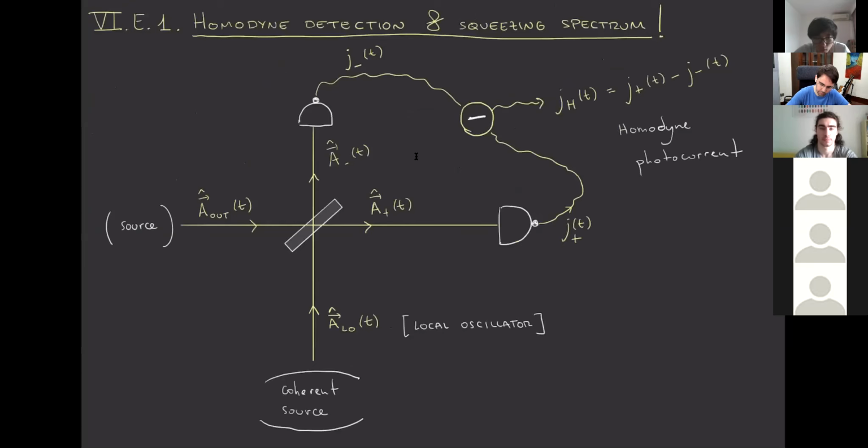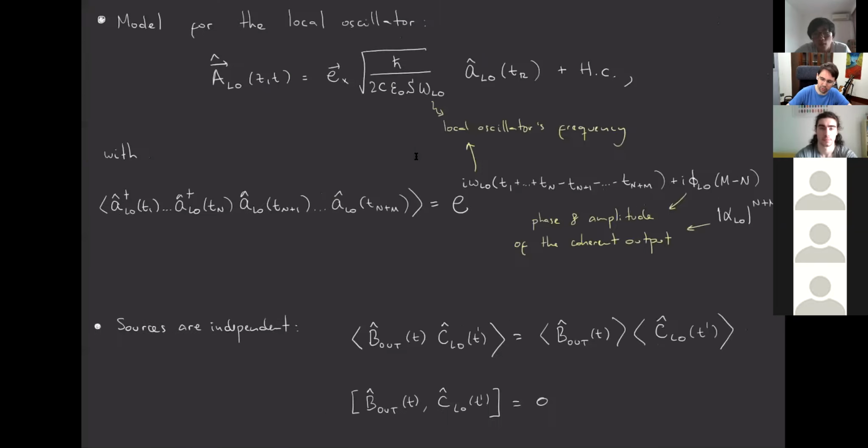So for this, the first part, as you see from the picture, is I have to tell you what are these fields A minus and A plus that are measured by these two photodetectors. Of course, when two fields enter a beam splitter, they get mixed.